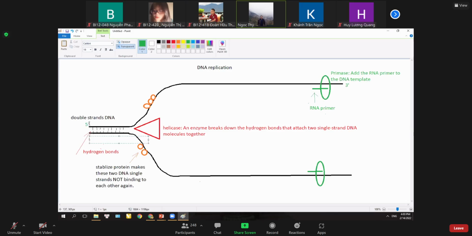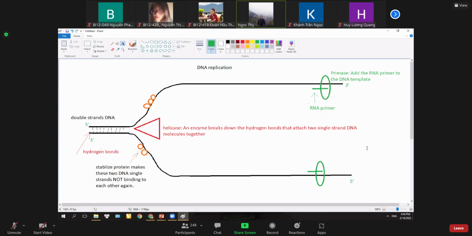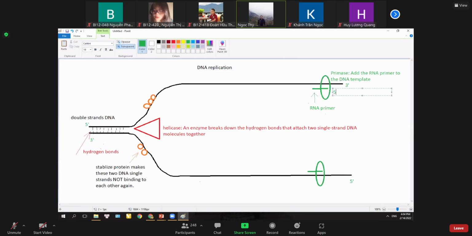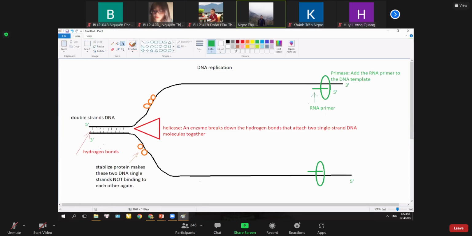Because this strand is complementary with the upper strand, we will have 3' here and 5' here. It's parallel, remember? So in here will be the 3' and DNA polymerase.